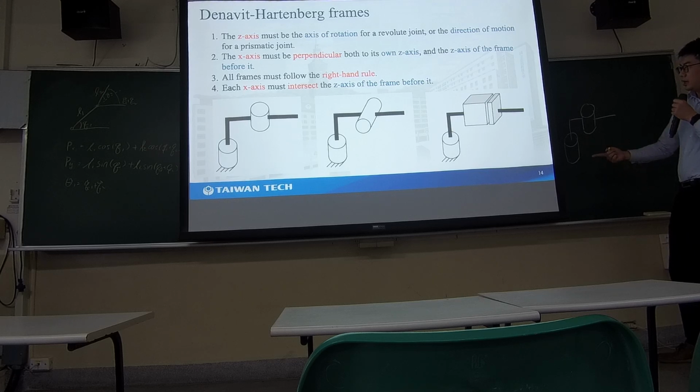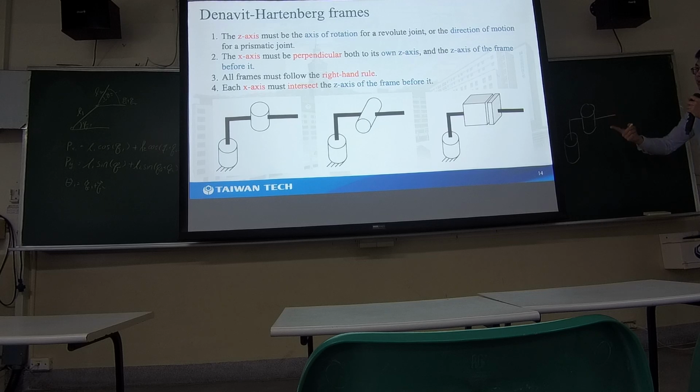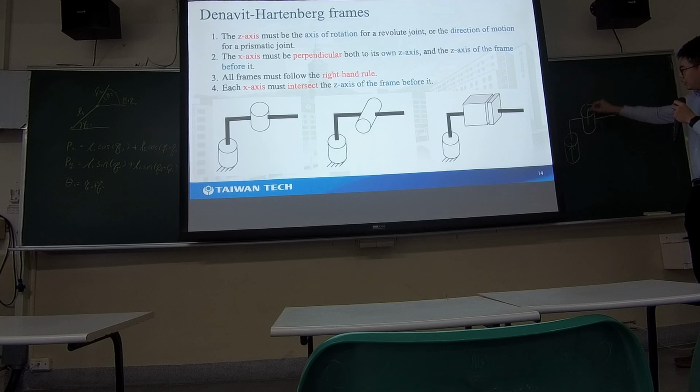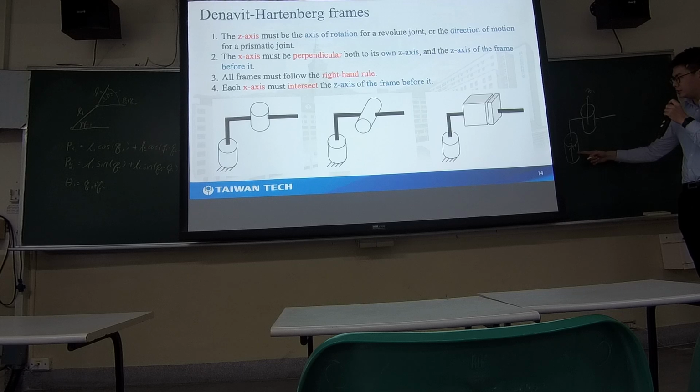So the first rule is that the z-axis needs to be the axis of rotation. So we will have z0 here, and z1 here. The second rule is that the x-axis must be perpendicular to both its own z-axis and the z-axis of the frame before it. Since this is the first z-axis, we can just take x0 here.